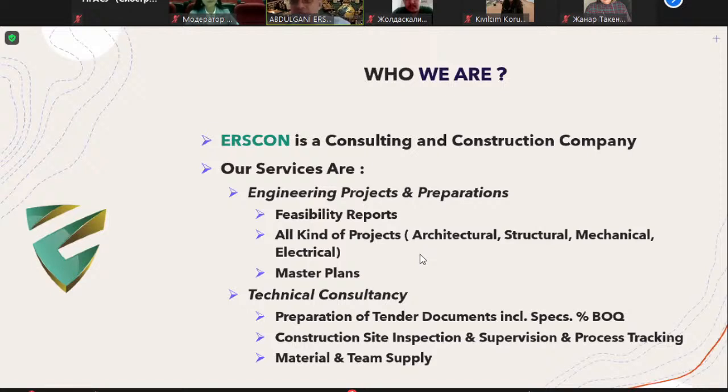It means feasibility reports, all kinds of projects for architectural, structural, mechanical, electrical, both for superstructure and infrastructure, especially energy generation units and zavod, airports, railway systems, and industrial facilities. The other service of ours is technical consultancy, preparation of tender documentation, including technical and administrative specifications and bill of quantities. Also construction site inspection, supervision, and providing teams and materials.